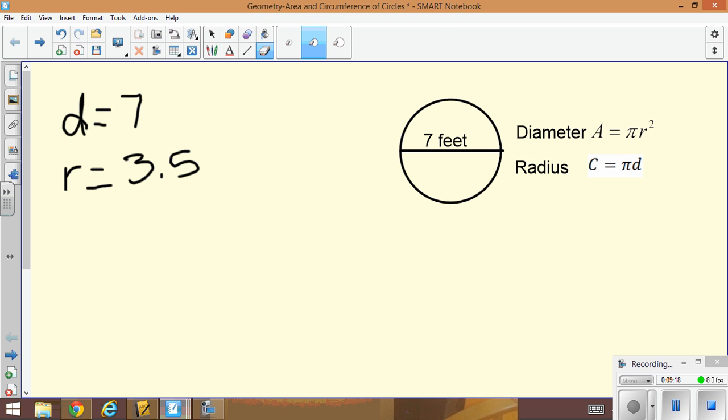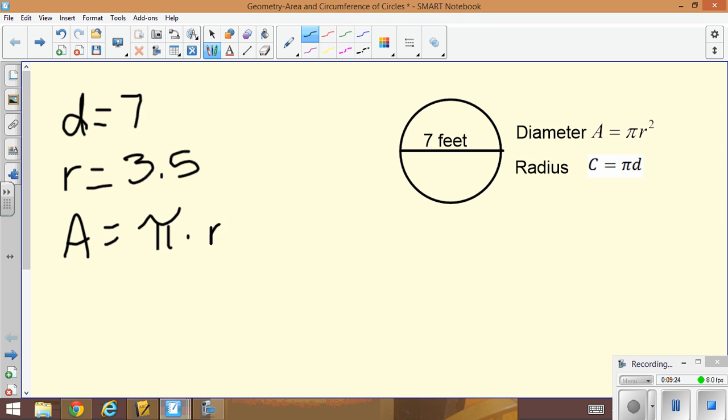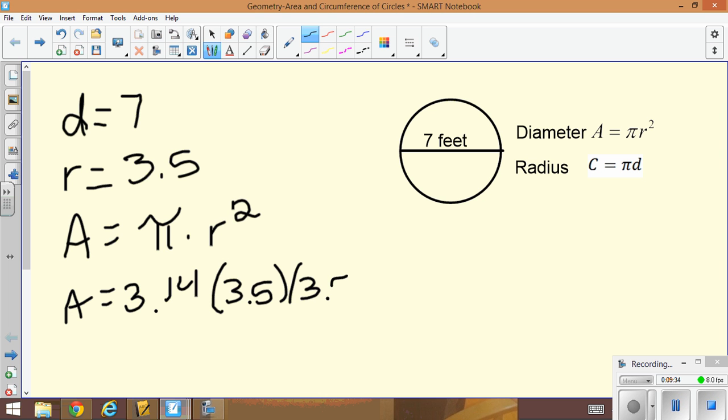Okay, so let's take a look at area. Area equals pi times radius squared. So area equals 3.14 times 3.5 times 3.5. So in your calculators, plug that in.